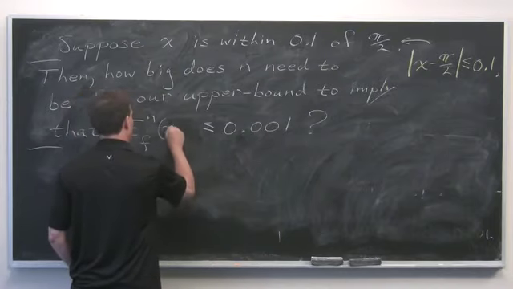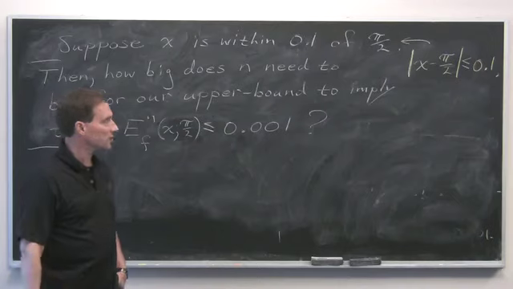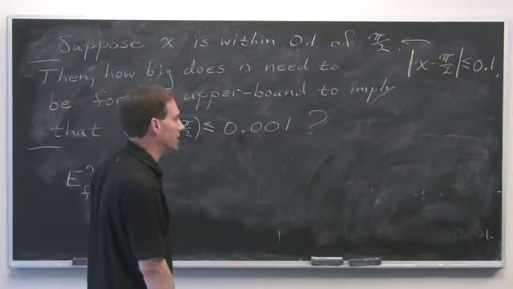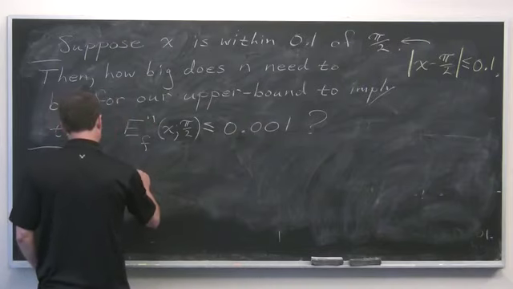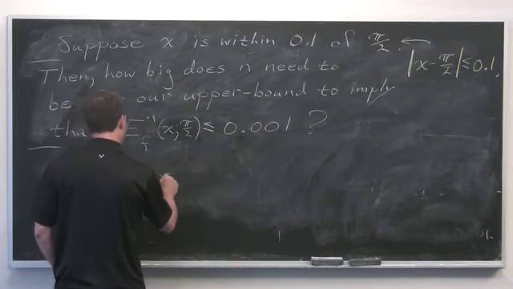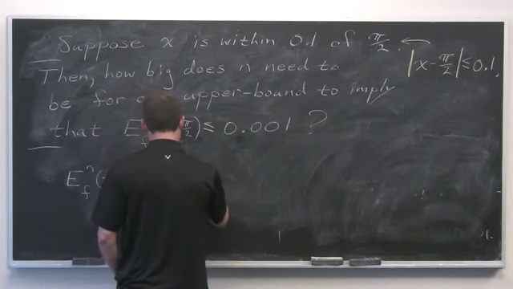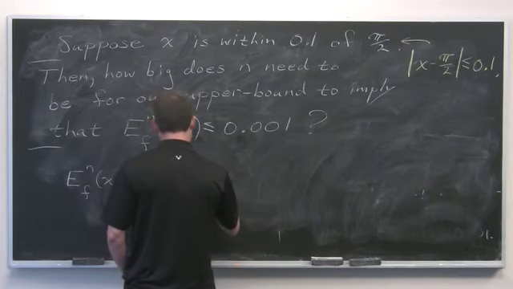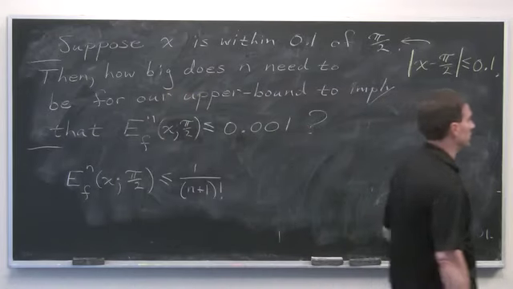This isn't just x with nothing, this is pi over 2. That was a mistake. You should have the center indicated there if it's not centered at 0. So we just found that this is less than or equal to 1 over n plus 1 factorial times, oh, there's another mistake.